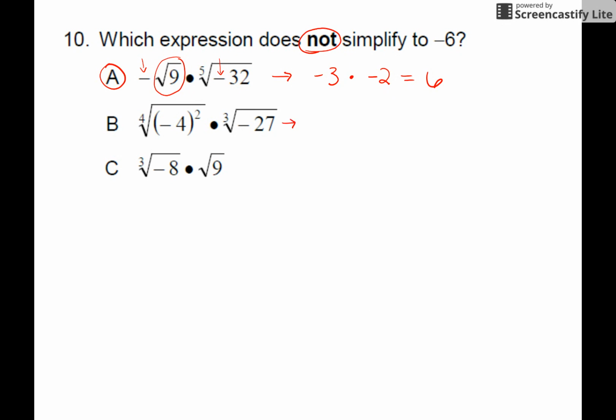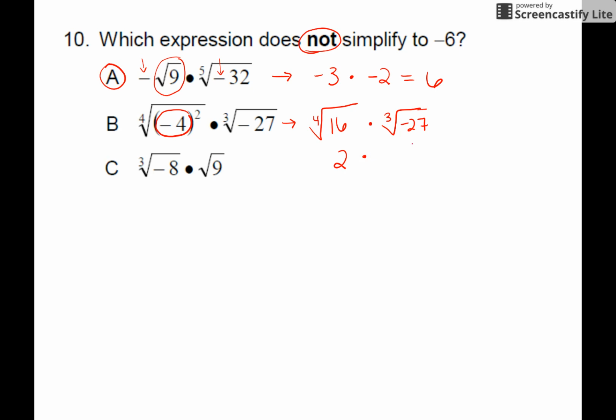So the next one, I'm going to end up squaring a negative, which means it's going to become +16. -4 times -4 is 16. Then I still have times the cube root of -27. All right, so then as I continue through, the 4th root of 16, if you're not sure, start breaking it down. But I happen to know that it is 2.